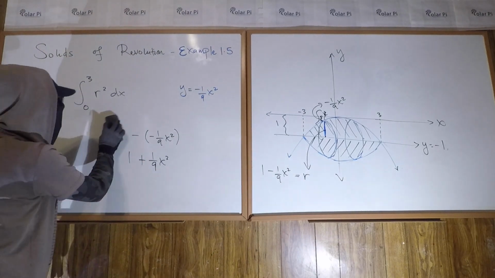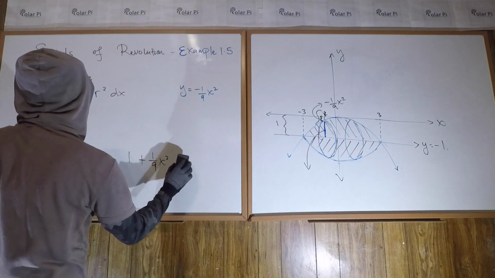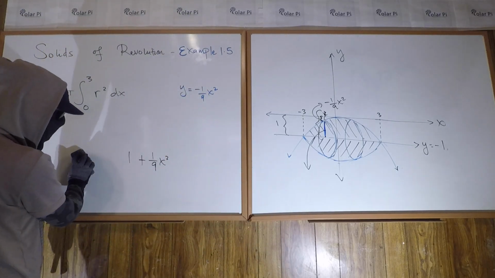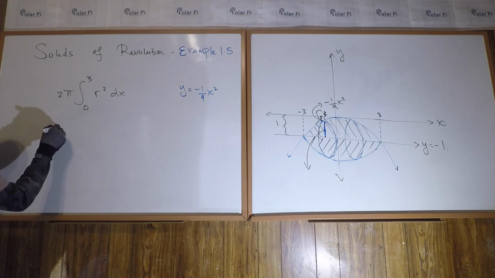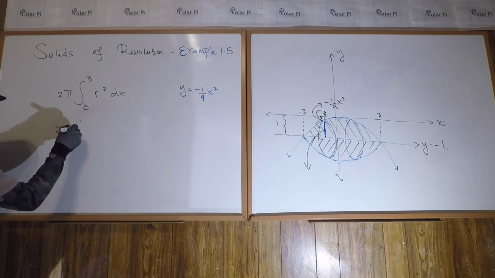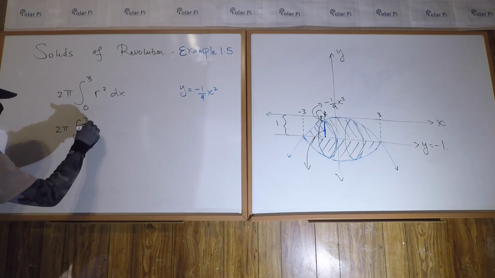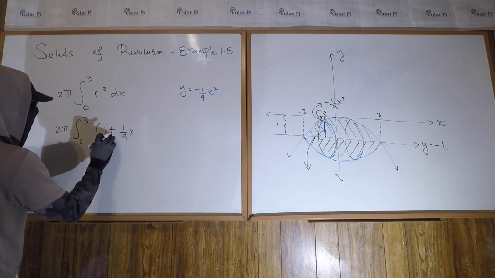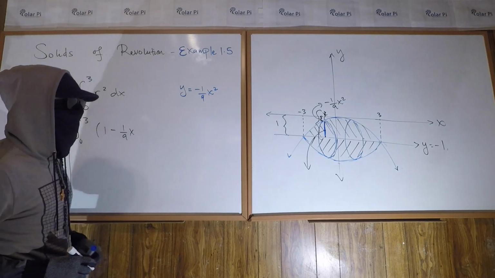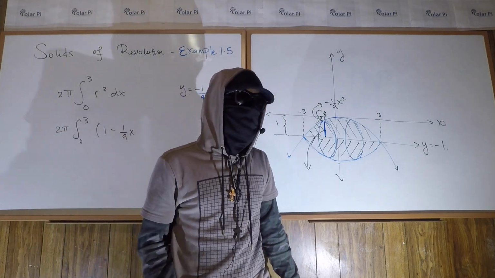Now that we've figured out what R is, the rest is history. 1 minus a ninth x squared is the correct R. So, as I did earlier, I'll help you out. 0 to 3, and then we said 1 minus, the R I had here was not the correct R. I told you I'm not good at attention to detail.